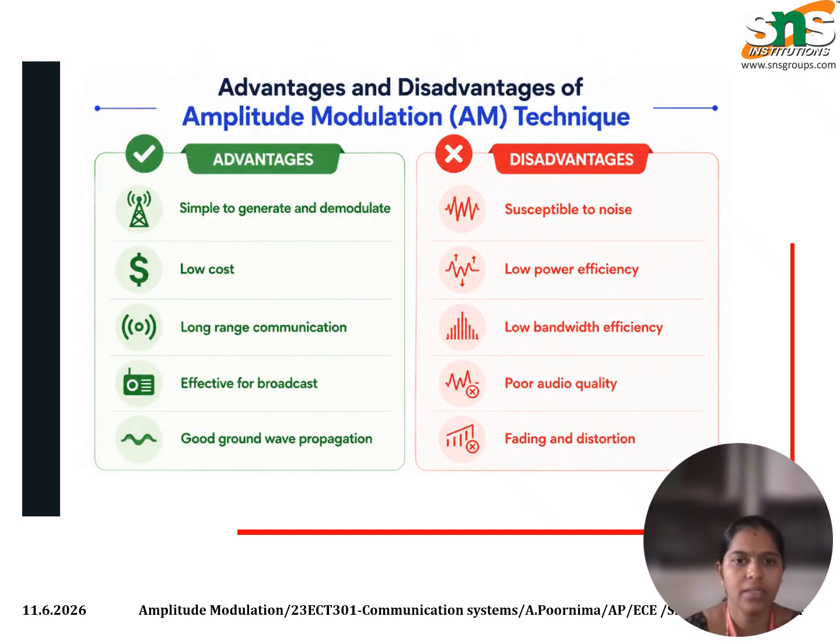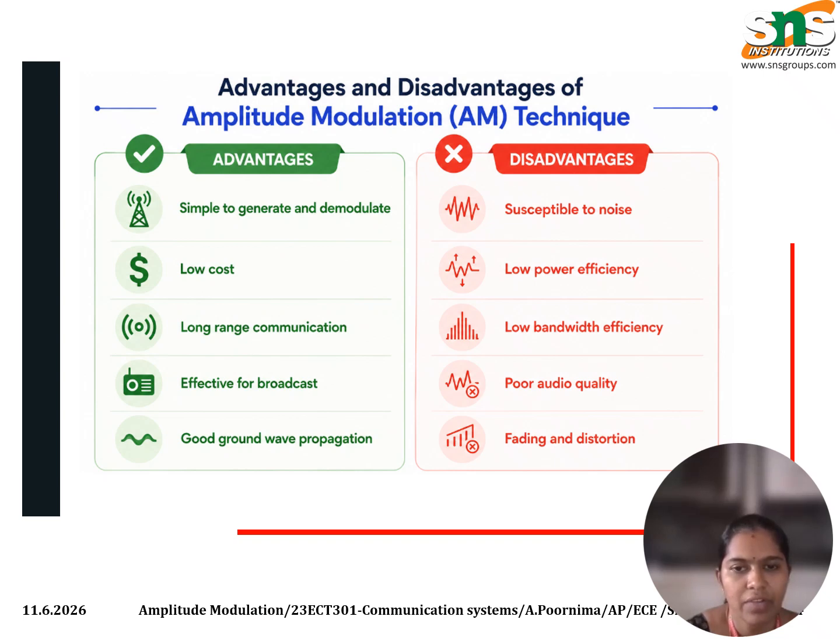So let us see the advantages and disadvantages of the AM wave. Its generation and demodulation are very easy in the case of advantages, and it is also useful for broadcasting and long distance communication. Now the disadvantages: since the amplitude of the carrier is modulated, it can easily get affected by noise. Also, as we saw in the mu lesser than 1 case, there are unused portions of the carrier.